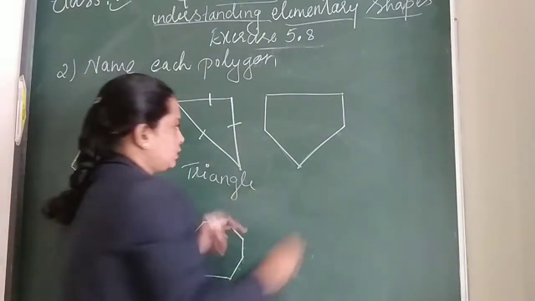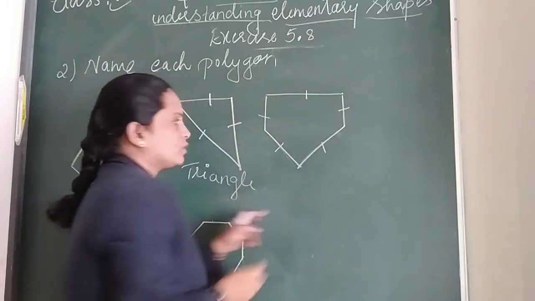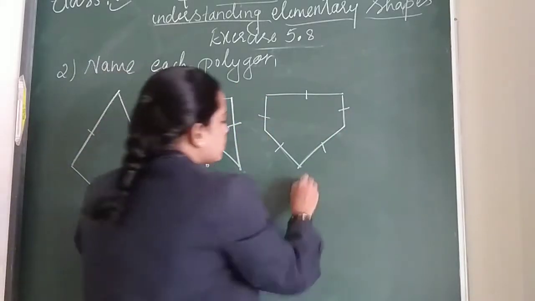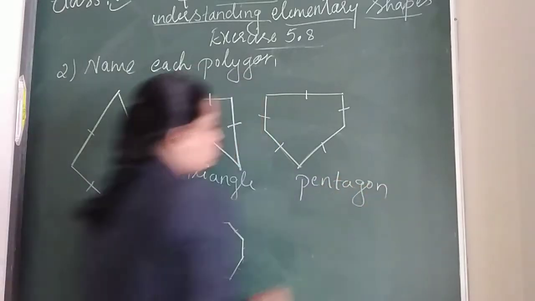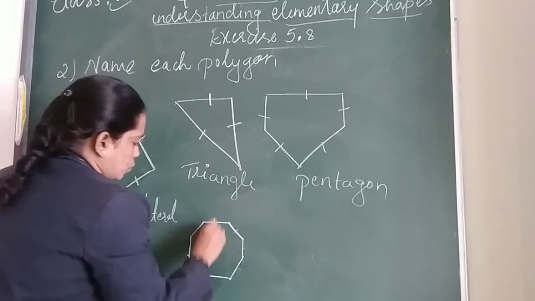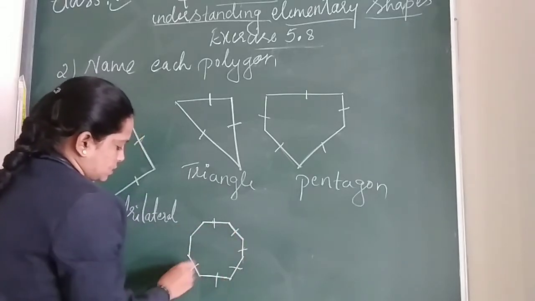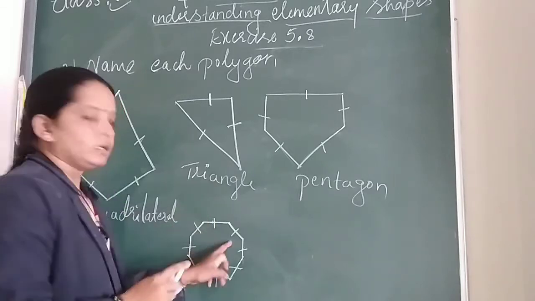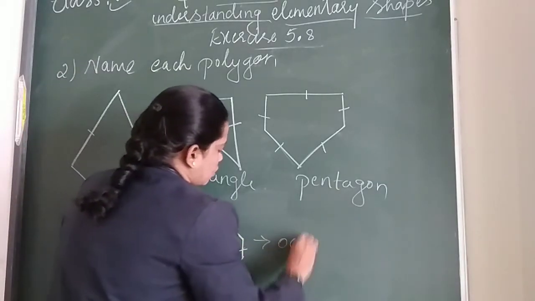The next one, 1, 2, 3, 4, 5. 5 line segments is called a pentagon. Next one, 1, 2, 3, 4, 5, 6, 7, 8. An 8-sided polygon is called an octagon.